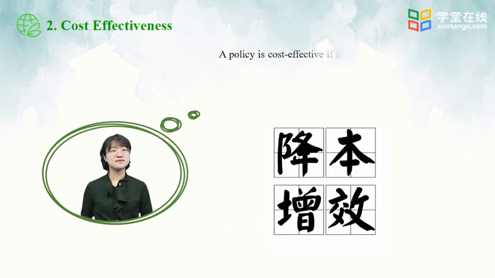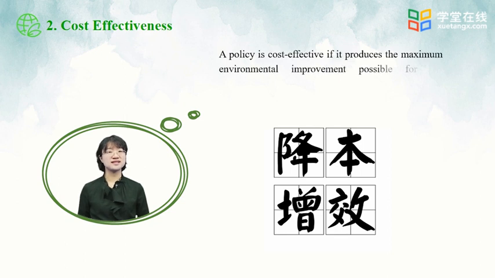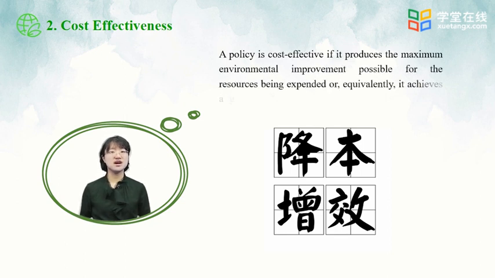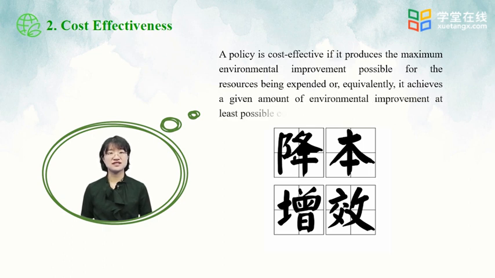The second assessment standard for environmental policy is cost effectiveness. Cost effectiveness and efficiency sound similar, but they are different concepts. The efficiency we just mentioned involves one policy. There is a balance point for its implementation strength, while the cost effectiveness involves multiple choices, and the optimal cost effective policy should be decided from different policies.